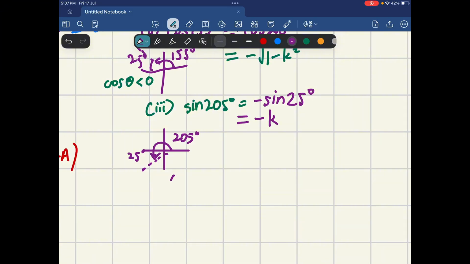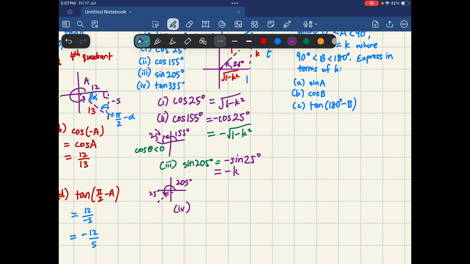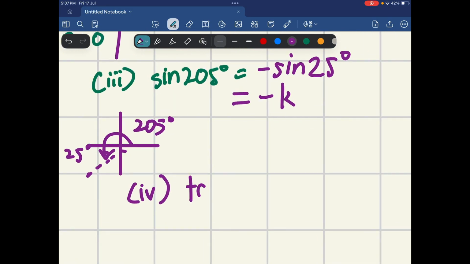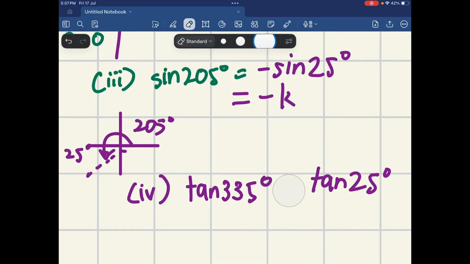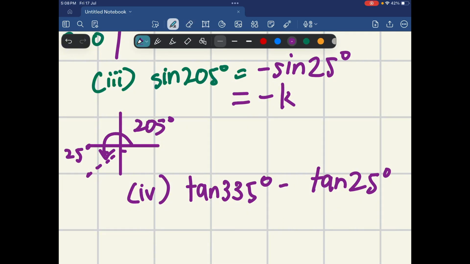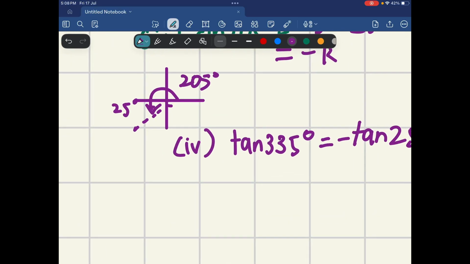And lastly, for IV, they want us to find tangent 335 degrees. This will be tangent 25 degrees, but again with a minus because fourth quadrant. Just draw it out. 335 is here.